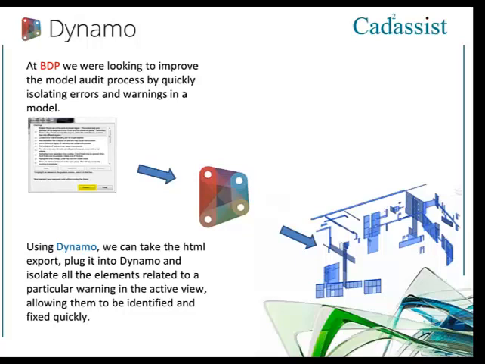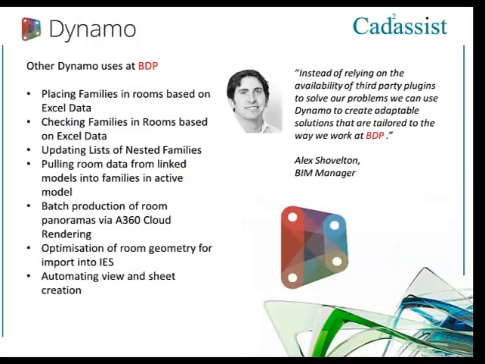And they used Dynamo to take the warnings report from a Revit model and take an HTML export of that report, then plug it into Dynamo, and then have Dynamo automatically create a view, in effect, a model of those warnings, a warnings model, and that allows them to quickly identify problems, fix them, and as they go through, they can continue to run that script, and that model will get less and less populated until it's empty, and then they know that the model's accurate.